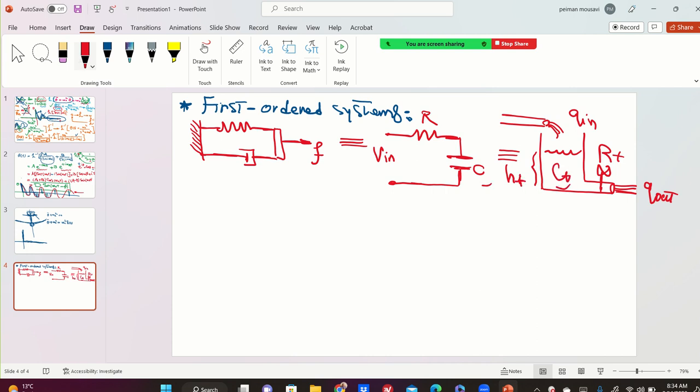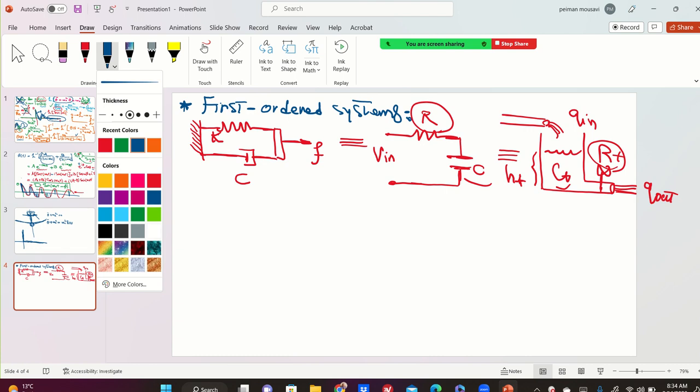This capacity, resistance, this resistance, spring, damper. We're gonna derive them one by one for the first order systems, and then we're gonna do MATLAB and Simulink at the same time.